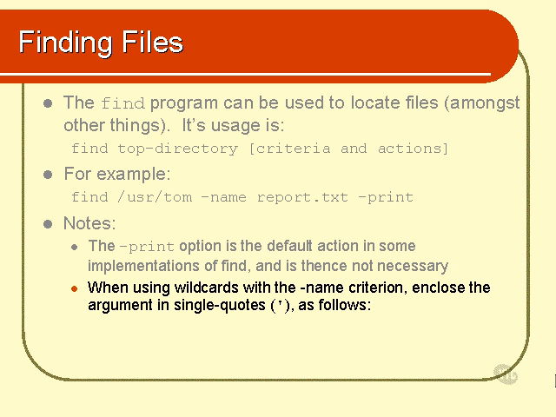Now, this is a very, very important option. When you're using wildcards to specify the name of the file that you're looking for, you must, absolutely must, enclose that argument in single quotes, as follows. Let's say we're finding, in the current directory and all subdirectories, files that are named star.txt. That bit, the star.txt, must be enclosed in single quotes.